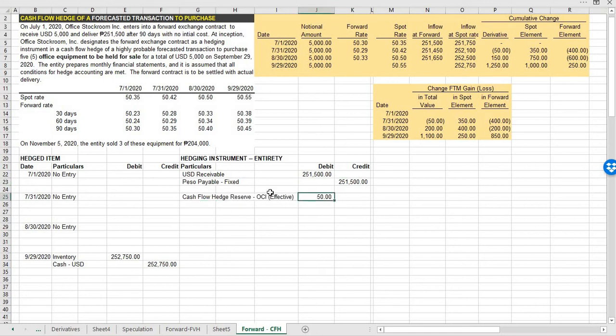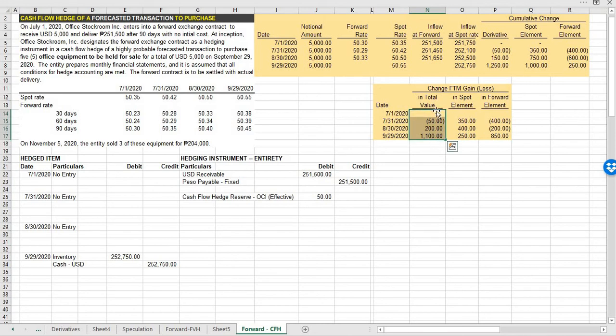Tapos nilagay ko rito effective para hindi kayo laging malilito. Kasi dapat talaga lahat ng nire-record sa OCI na related sa ating hedging instrument should be the effective portion. Kasi nga, ang sabi natin, para dun sa ineffective, dun yun sa profit or loss. Pero, kagaya nga ng sinabi ko kanina sa first problem, we are going to assume that all these changes are effective. Wala tayong i-allocate na ineffective.